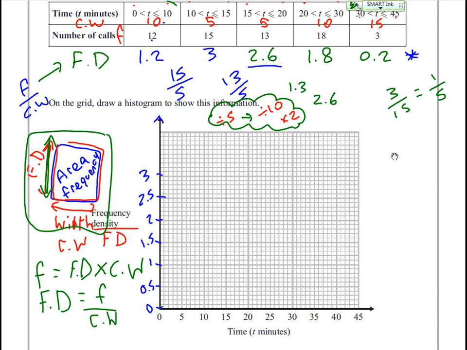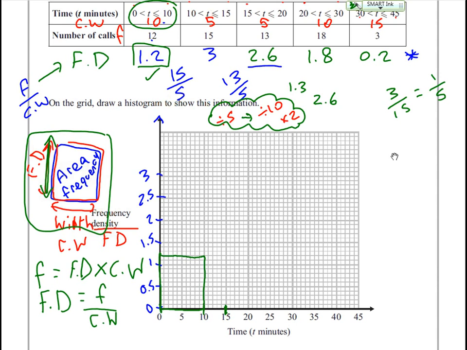Okay, now we just need to draw our bars on. From 0 to 10, literally, it goes across 10, doesn't it? And we want to go up to 1.2. That's your first bar done. The next one goes from 10 to 15. This is why it's different to a bar chart.